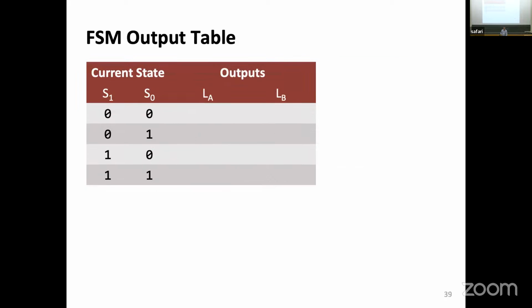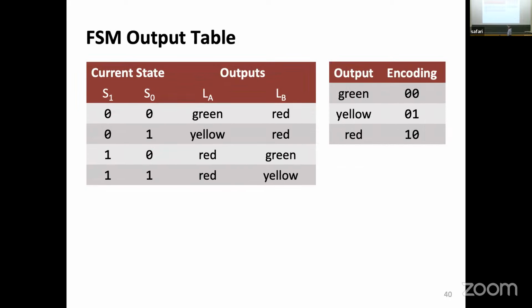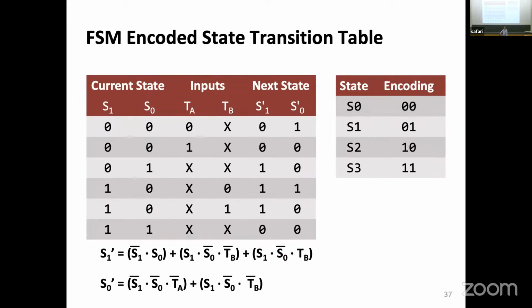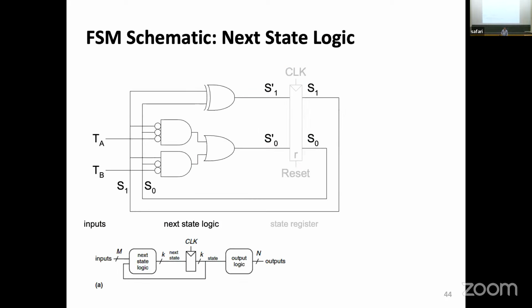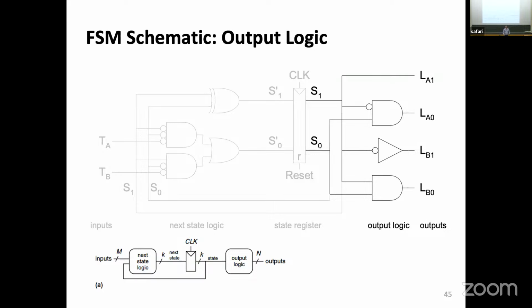The next thing that was arbitrary was how I did this encoding, or how many bits I used for the lamps. That was also arbitrary. Depending on that, the equations that I come up with would be different here and here. They all depend on what was the state encoding and what was the output encoding. I could have manipulated it so that I get a simpler circuit and things like that.